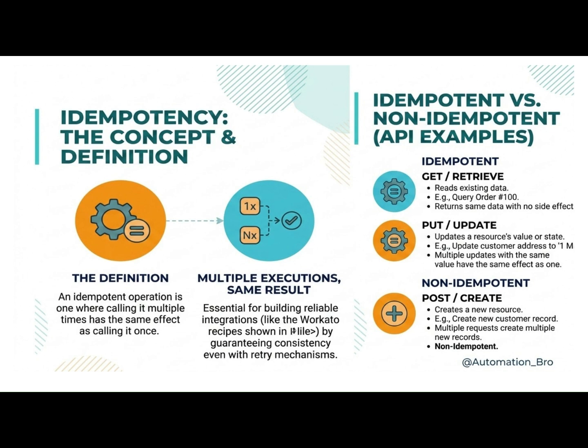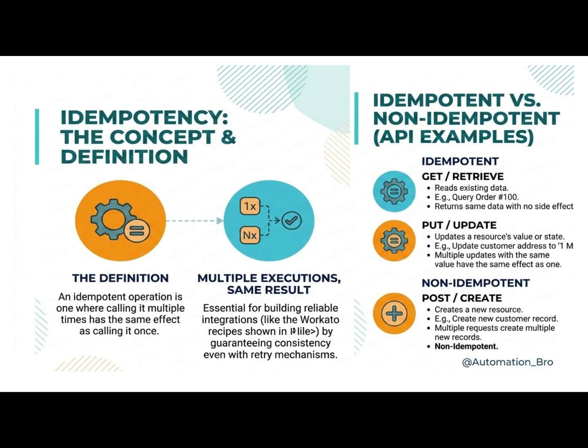If it is an update, there is no issue because no new record is added. But if you are only doing a create operation, there is a chance of multiple duplicate records getting inserted. That is the theoretical concept of idempotency.